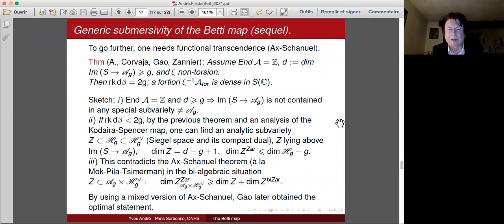The second point is a refined analysis of the previous theorem about the relation between the Betti map and the Kodaira-Spencer map.